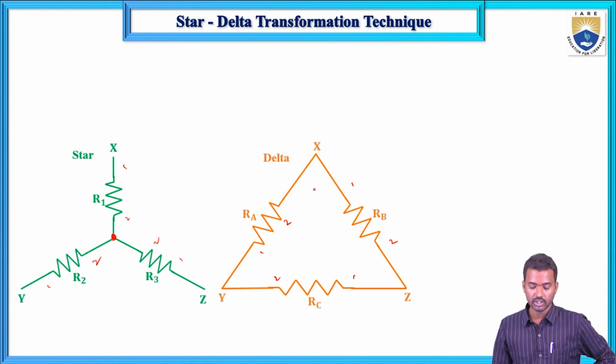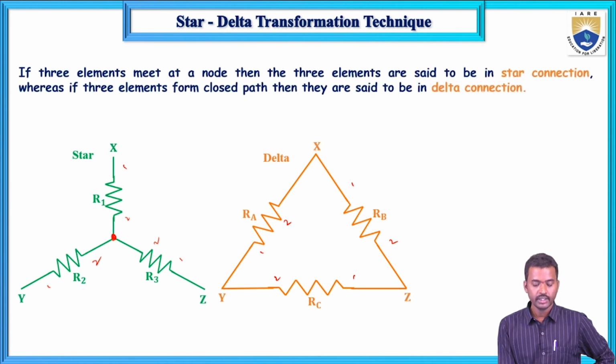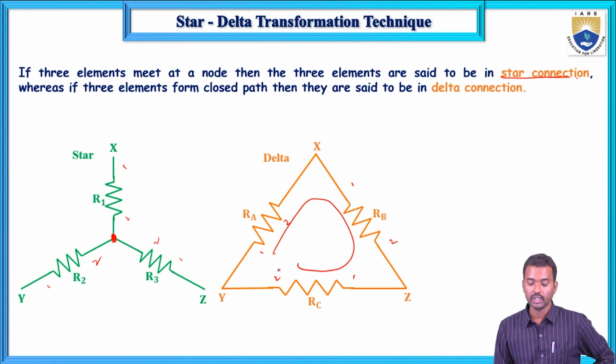If you see the definition here, three elements meet at a node, each element with one end connected to one point. That connection is known as the star connection. And three elements in the form of a closed path, a mesh, is the delta connection.